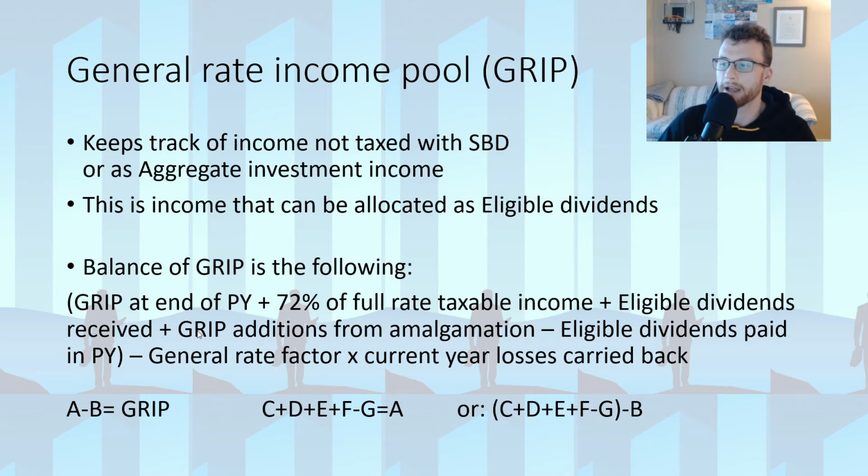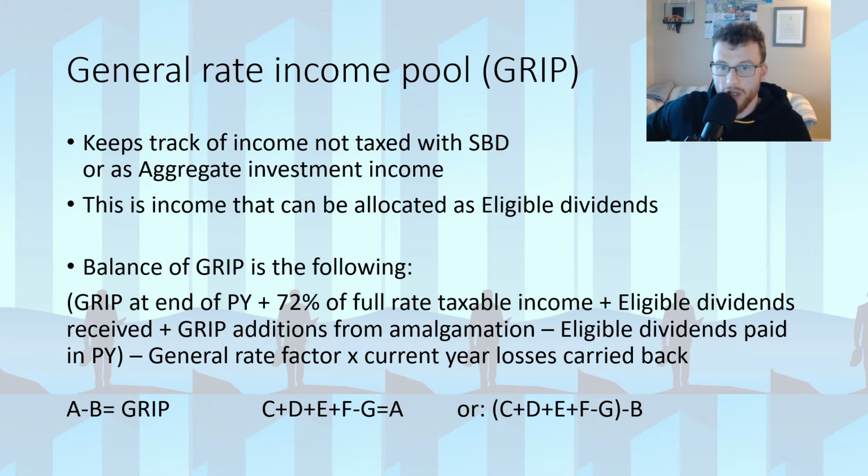F is any GRIP additions that may have occurred from amalgamation with another entity. G is the eligible dividends that have been paid out in the prior year. So we total all of those 5 components up, C to G, which will give the total of what A will be. B is the general rate factor times any current year losses carried back.